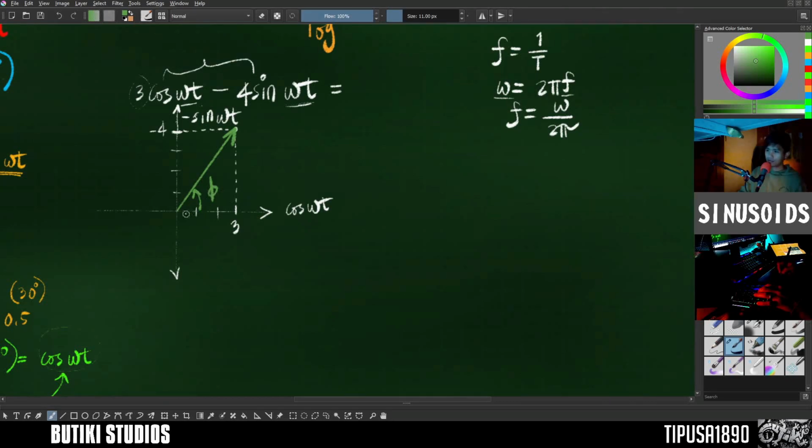As you can see, this is a right triangle. So it is a 3, 4, 5 triangle, right? It's basic, a 3, 4, 5 triangle, so no need for the Pythagorean theorem. And phi there is equal to, we can use tangent. Tangent is opposite over adjacent.